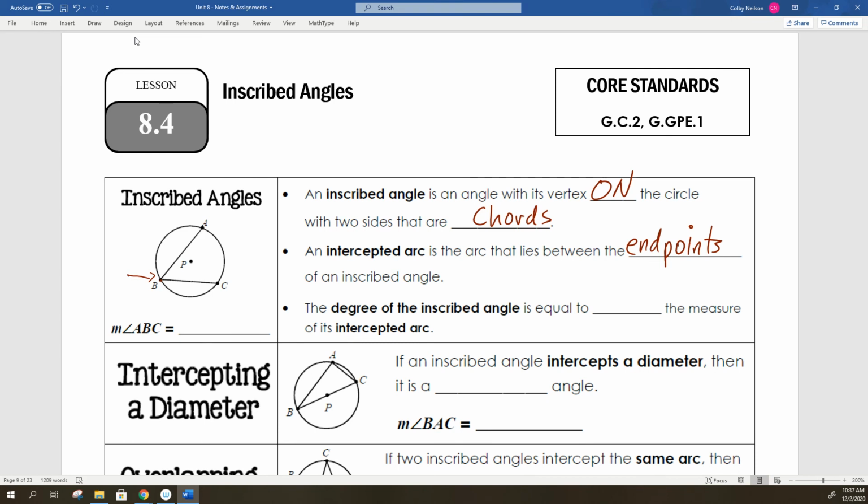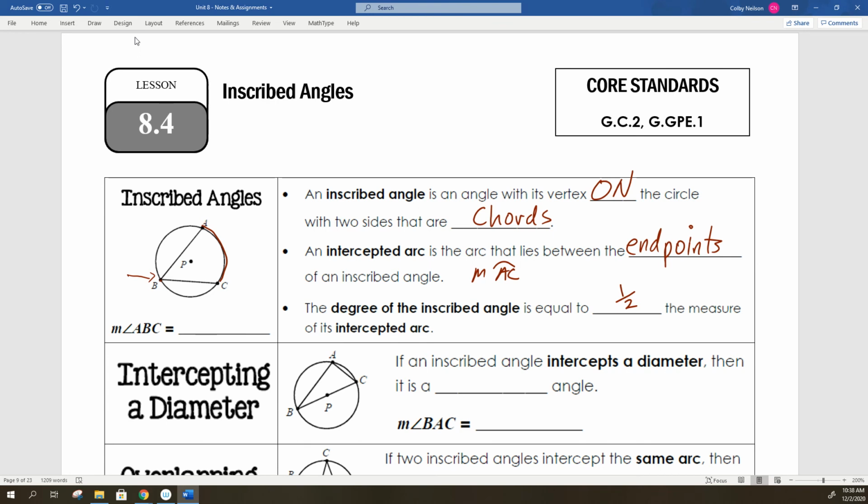So in this case, this would be arc AC. The measure of arc AC is what we're talking about here, A to C. The degree of the inscribed angle is equal to 1/2 the measure of its intercepted arc.